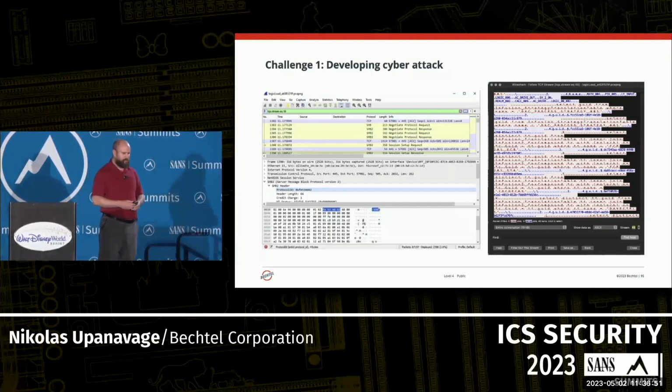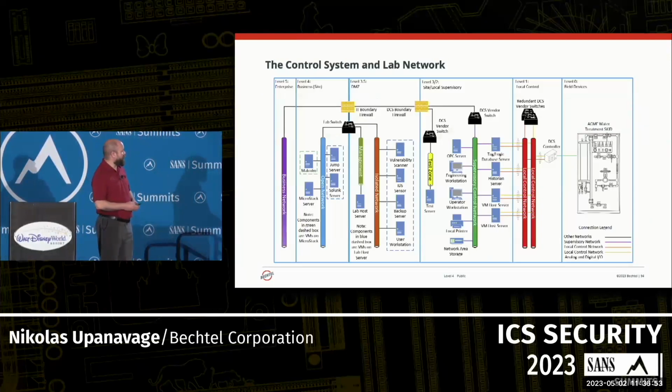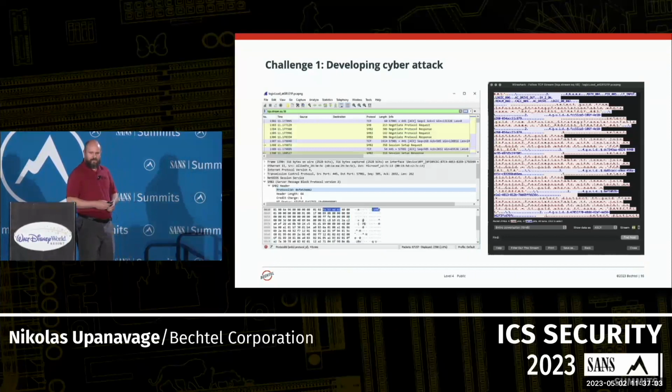Jumping back to our network diagram, we used Wireshark on our engineering workstations and our tag logic database server to look at what communication was happening between the controller and those two machines. What you see on the right is a capture showing clear text. It's hard to see from back there, but essentially it's a bunch of SQL calls, a lot of table joins and things like that.